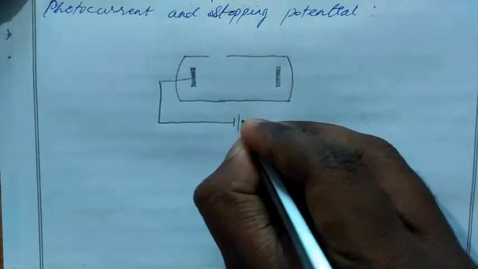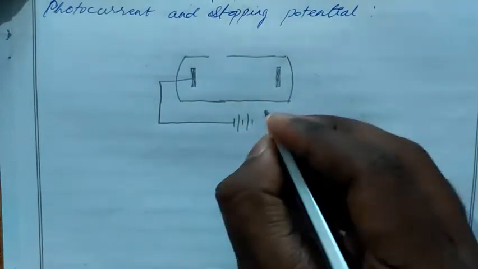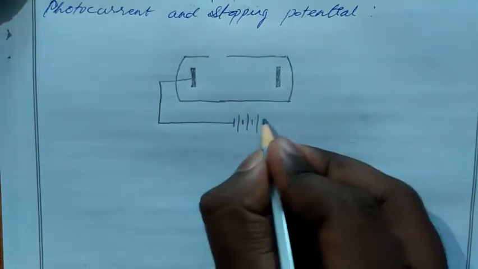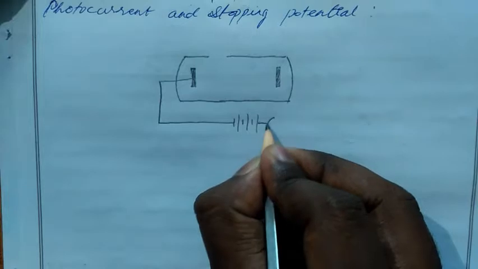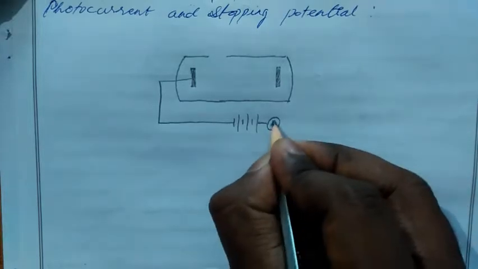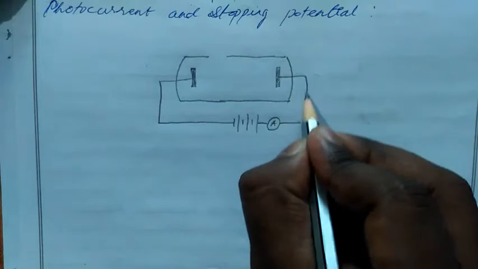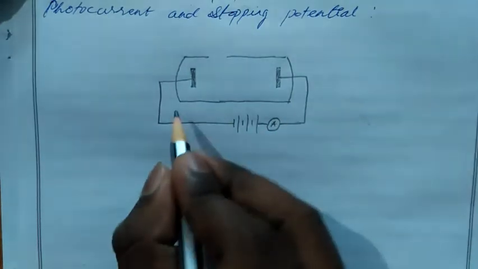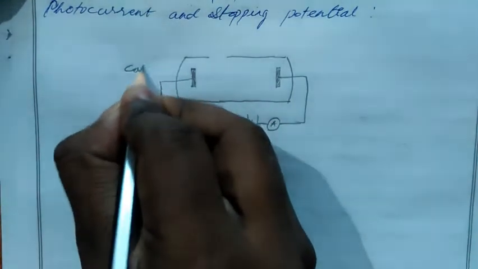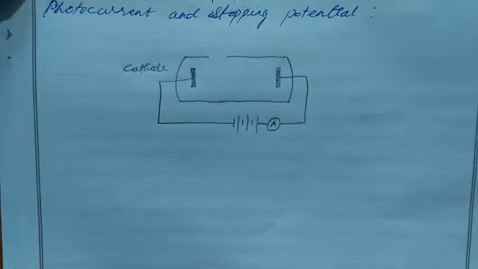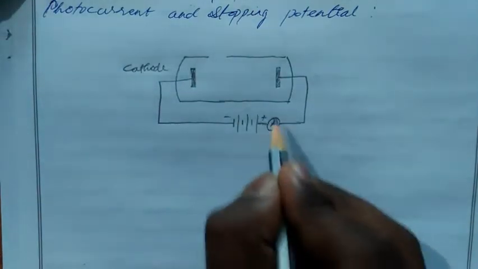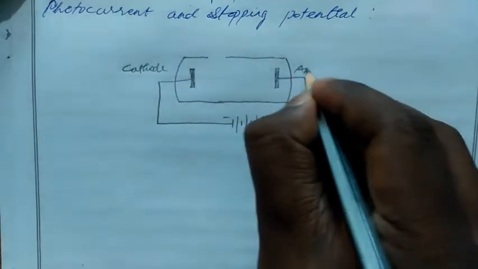Rheostat means a varying potential, and it is also connected with an ammeter to measure the current. The negative terminal is connected with the cathode and the positive terminal is connected with the anode.